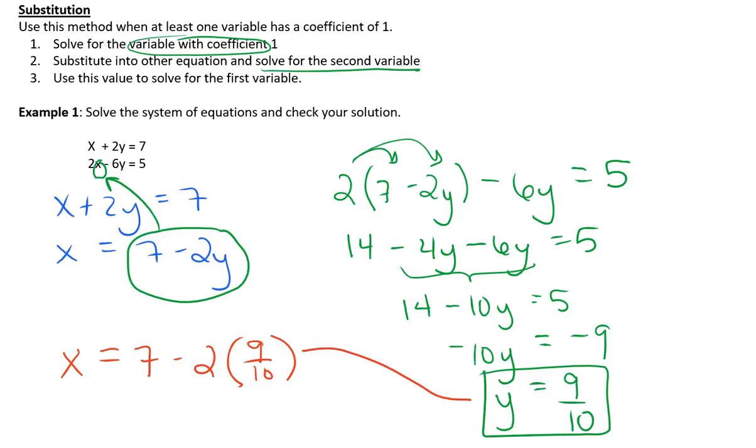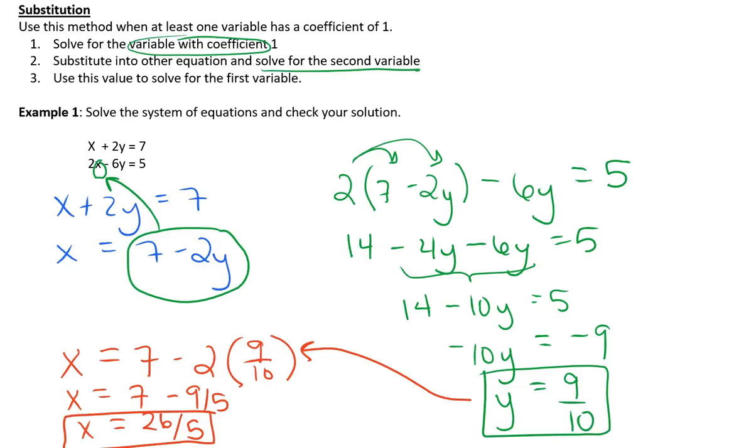So we're using our solution for y in our equation for x. This gives us x equals 7 minus 9 over 5, and that simplifies to x equals 26/5.